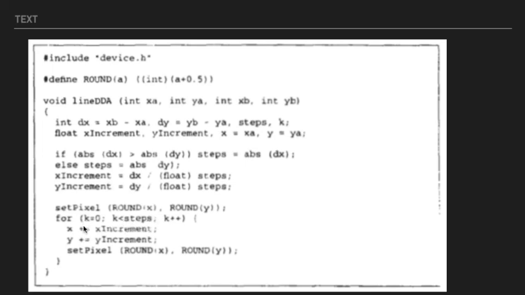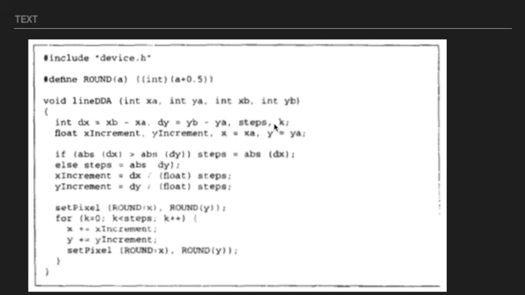Then we loop through this process steps times. Using this for loop, you move the value of k from 0 to k less than or equal to steps, and at each k value you are going to increment the values of x and y, which are the pixel position. The starting pixel position x, y is xa, ya. From that position you are going to increment one step each, and you are going to plot each pixel position.